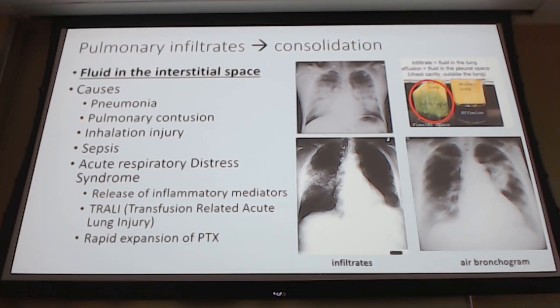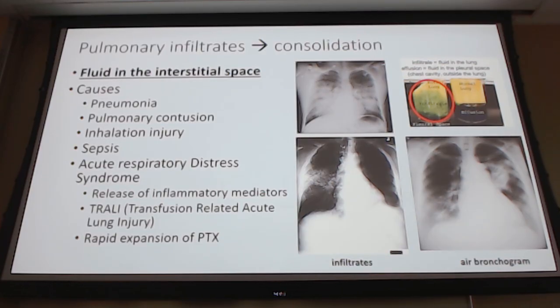But this is just interstitial diseases. So pneumonia, contusion, if they have some sort of inhalation injury, so say they were in a house fire and they breathed in a lot of smoke, they're going to have an inhalation injury. People who are septic or in sepsis, and ARDS, acute respiratory distress syndrome.